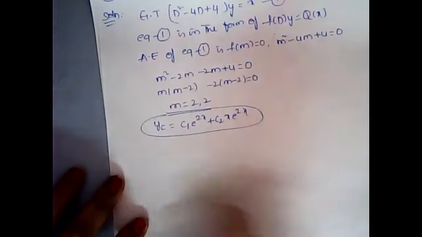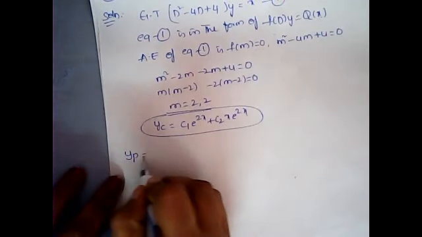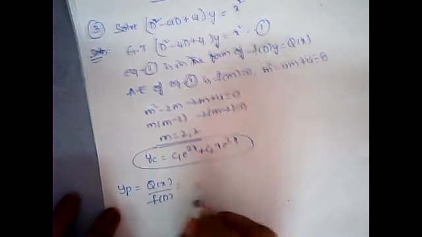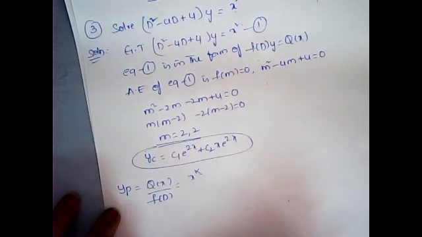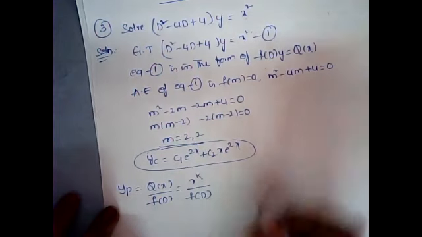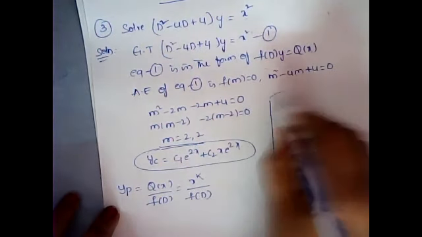Okay. Now how are we going to find out yp here? So yp will be taken in the form of q of x by f of D here, where q of x is in the form of x power k. Now let me go with the procedure of it.